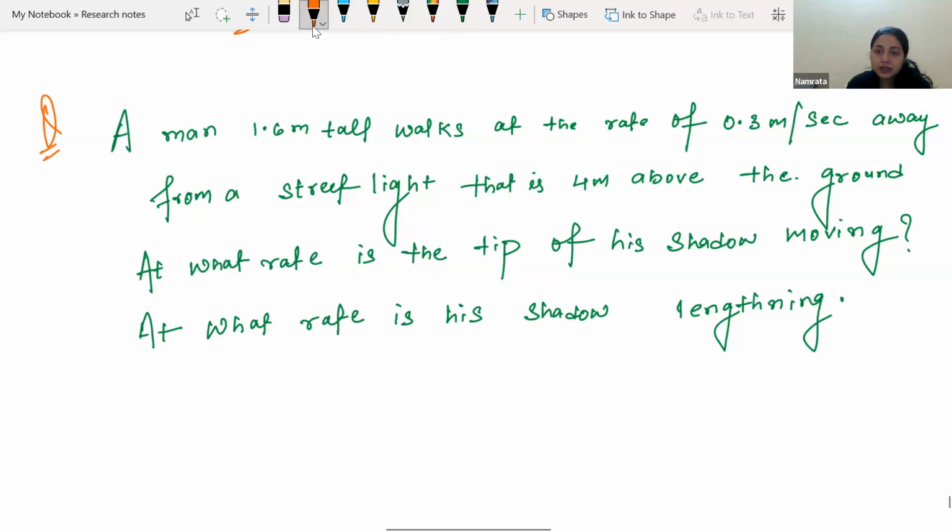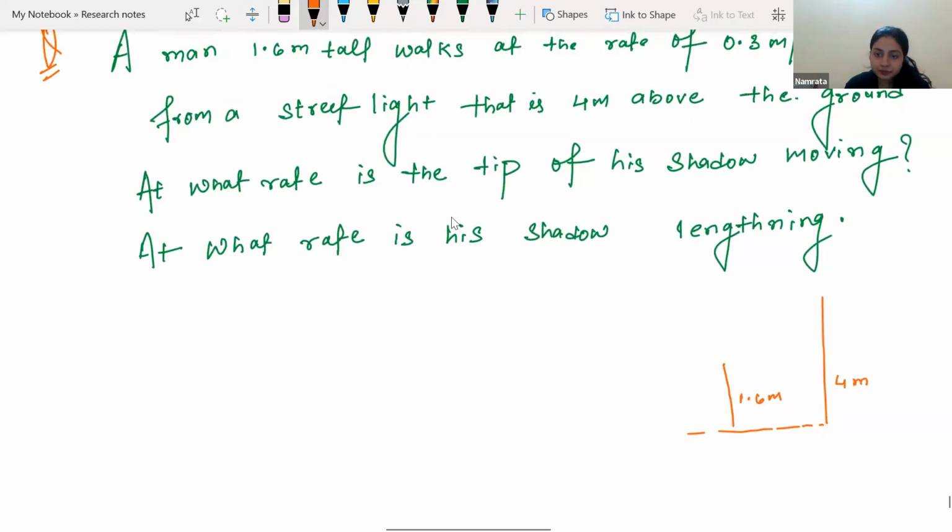So we are having a street light that is 4 meter above the ground, and a man who is 1.6 meter tall walks at the rate of 0.3 meter per second. Let's say this is y. This distance is y, distance between man and the street light.